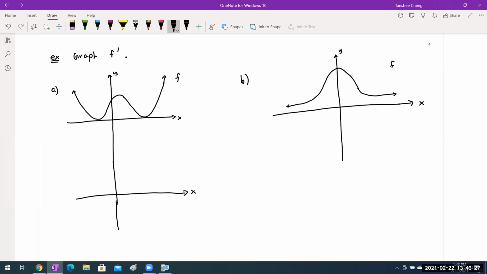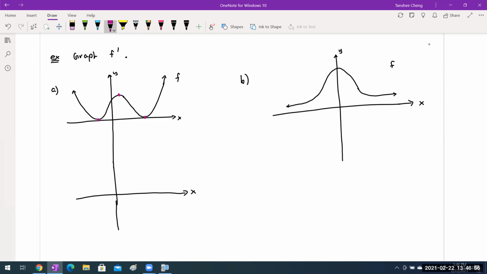So again, x-axis and my y-axis. And the first thing we want to pay attention to is, remember, f prime, we can interpret it as what? The slope of the tangent line at particular points on the f function. So notice that this point right here, this point right here, and this point right here have what?